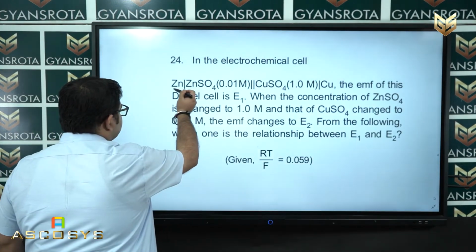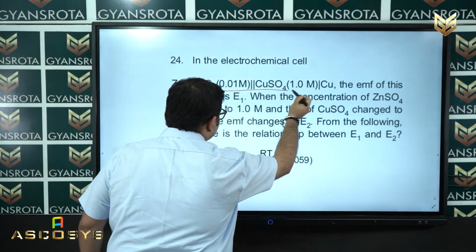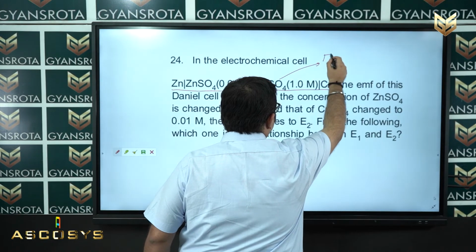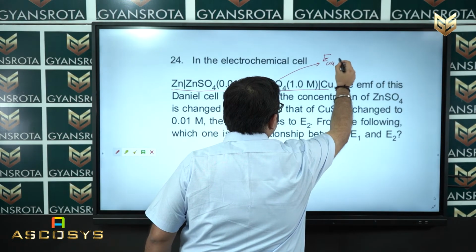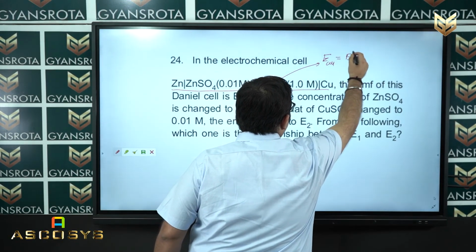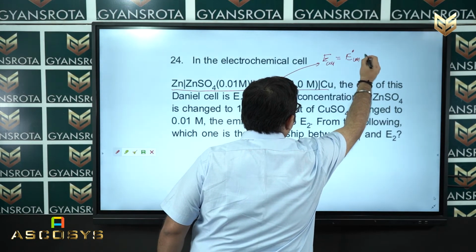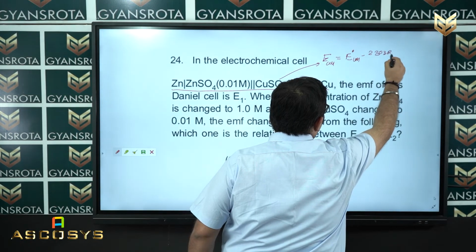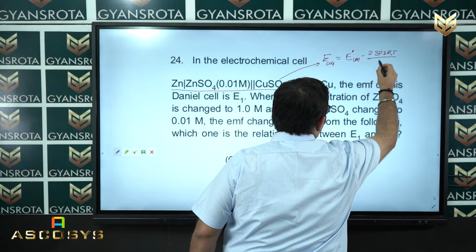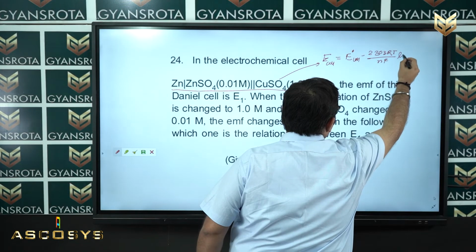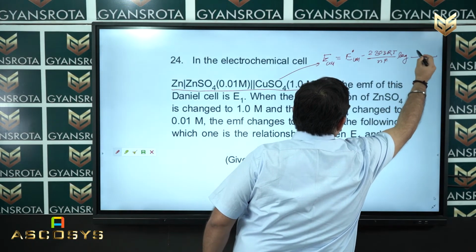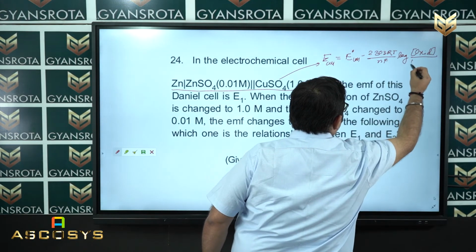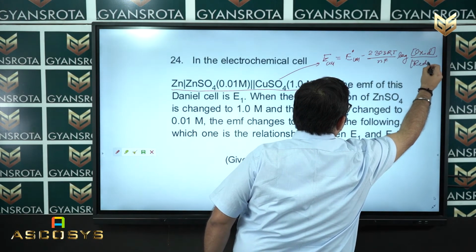So, if you see, this is the cell they have given to you. Which formula are we going to use here? We are using E cell equals E° cell minus 2.303 RT by nF log of oxidation divided by reduction.